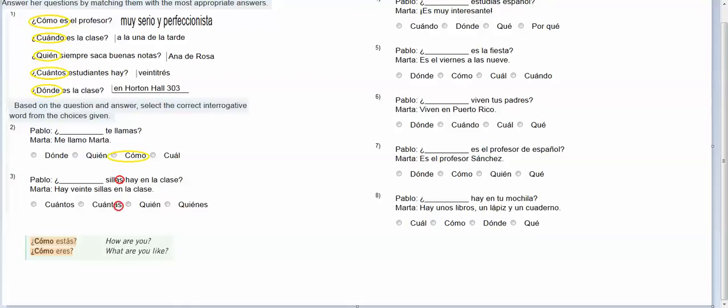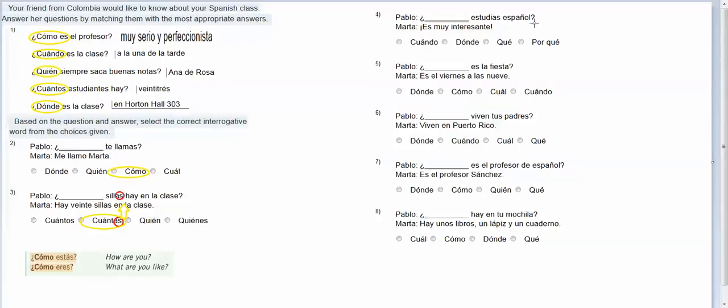They both have that AS. Maybe I can put a little arrow. So you can see that's why they match up.